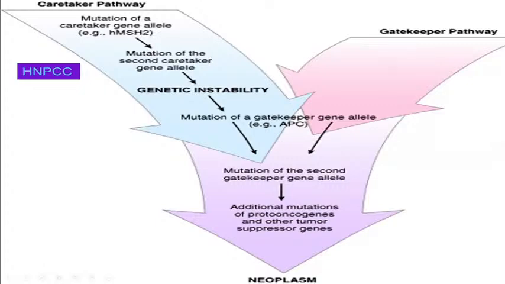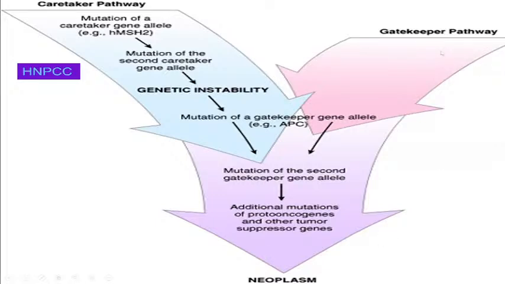Mutation is followed by mutation of a second caretaker gene allele, leading to genetic instability or microsatellite instability, and so it keeps on adding until you have a critical mass of proto-oncogenes leading to neoplasia.